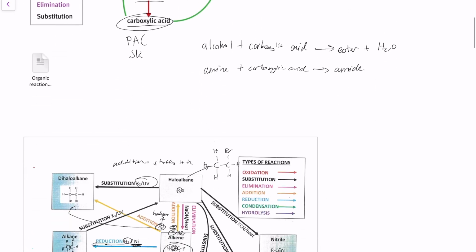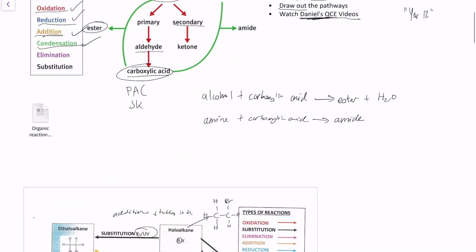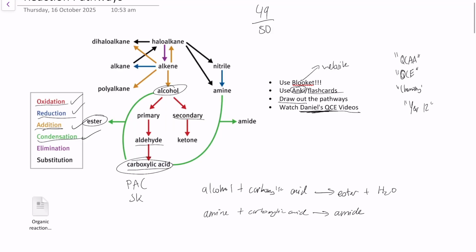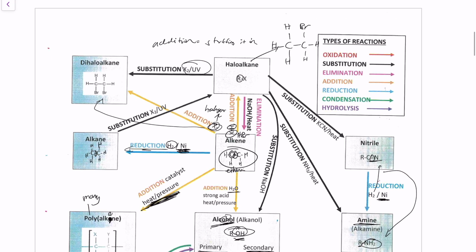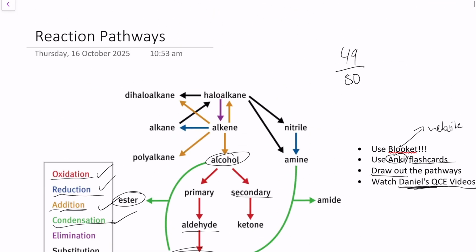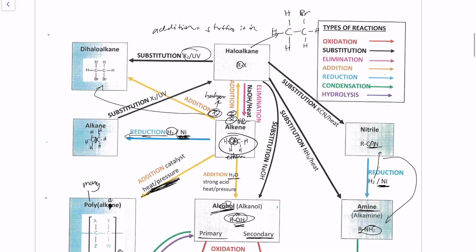I don't know too much about how that happens, but definitely watch Daniel's QCAA video on that. I think he explains pretty much the reasons behind all these reactions pretty well, or other videos. But I'm truly sorry, I don't know too much about how the NaOH and heat form the elimination reaction. But just knowing that is, I guess, the most important part.